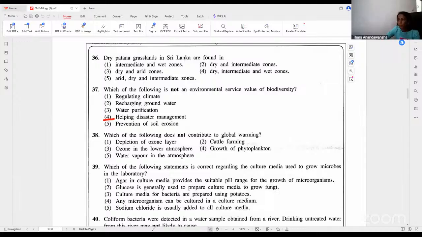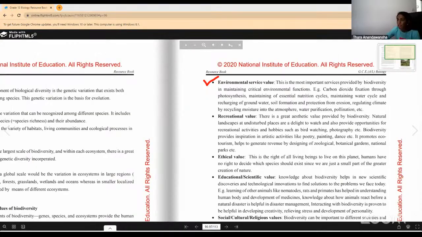Those things. So according to this one, we know that helping disaster management is a given there. No, next, right? So that is wrong.